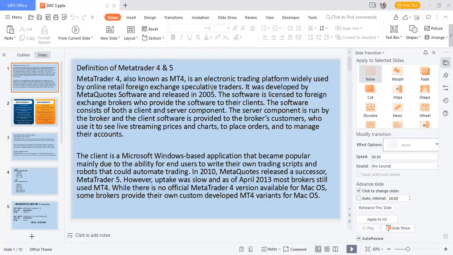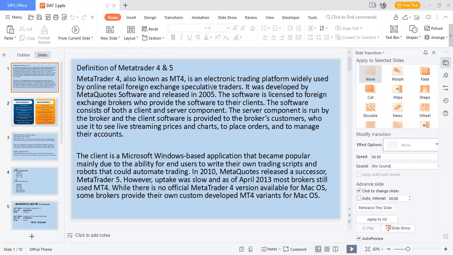Now, coming onto my screen, this is a PDF for MetaTrader 4 and 5. MetaTrader 4 has been in existence since 2005, and was designed with Meta Code Language 4. Now, MetaTrader 5 has been in existence since 2013, April precisely, and it was designed with Meta Code Language 5.